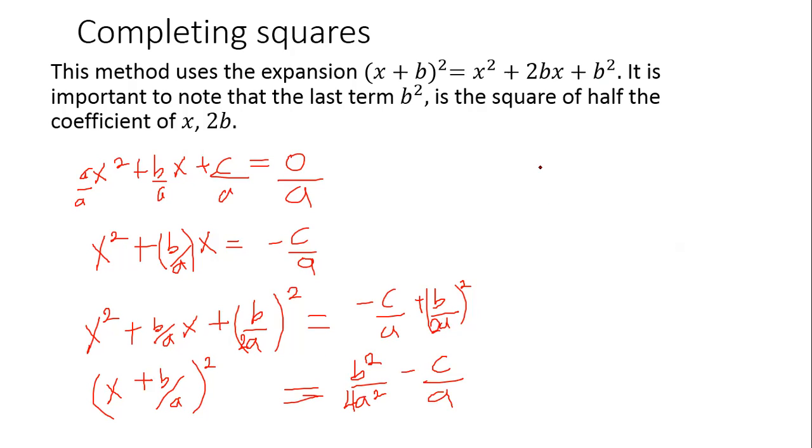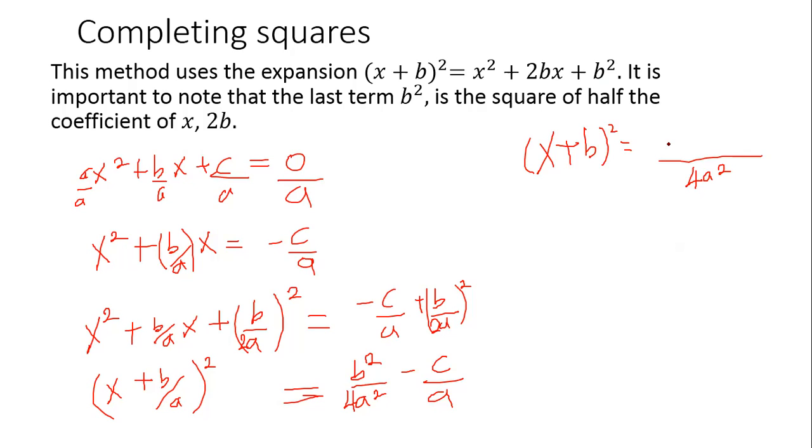And then we shall have x plus b over 2a squared, giving us, so here we find the LCM, which is 4a squared. So 4a squared divided by 4a squared, what does it give us? 1.